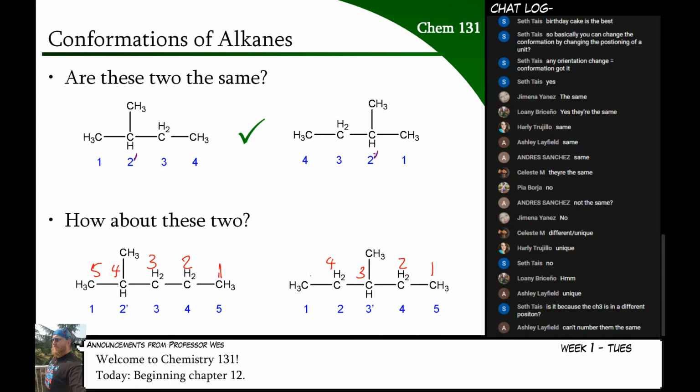We can number things however we want to as long as they're in a line. And so over here, in both cases, I get 3. Over here, I never get 3. There's no way to number it to get 3, so these must not be the same. The branch is in a different position, and I just can't number them the same. There's no possible way to do it.